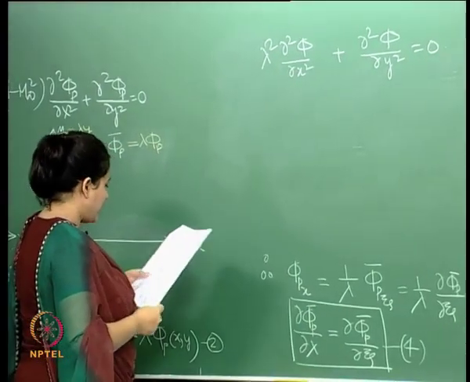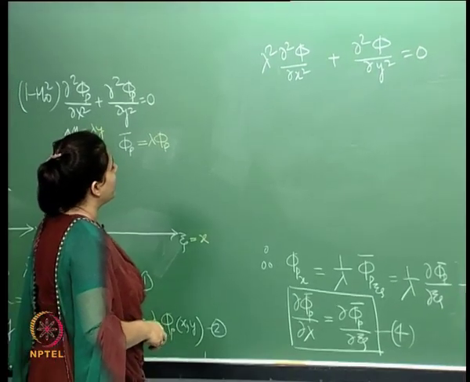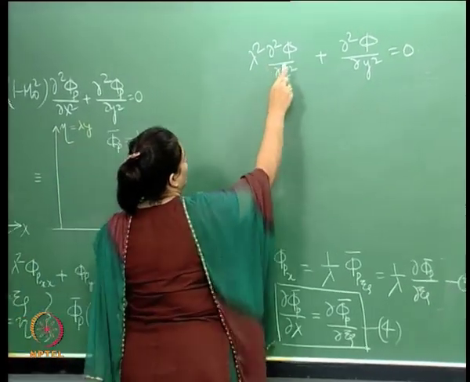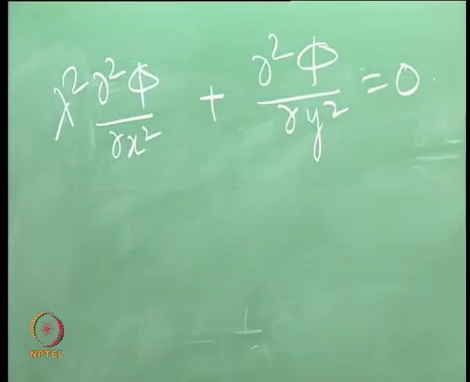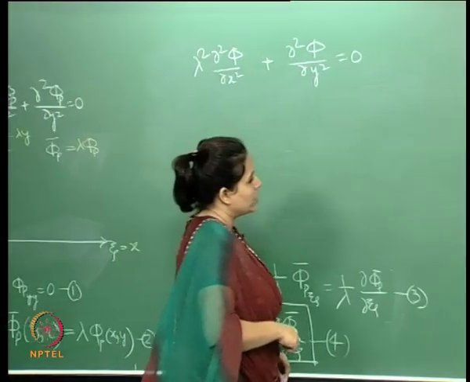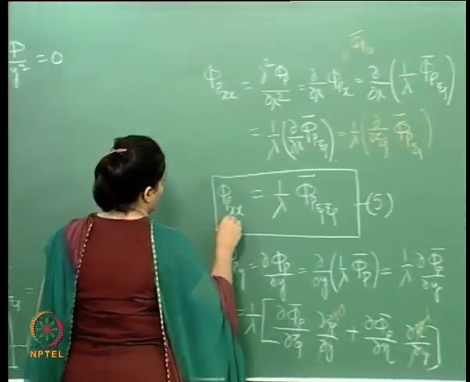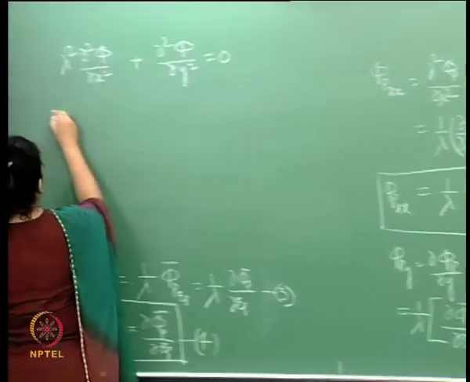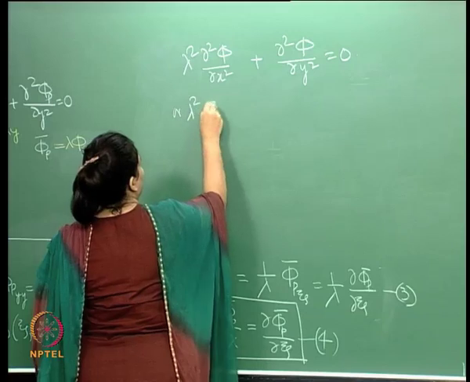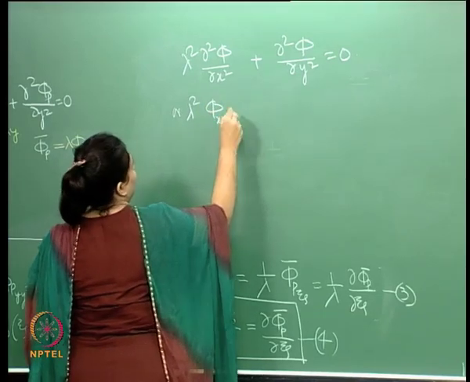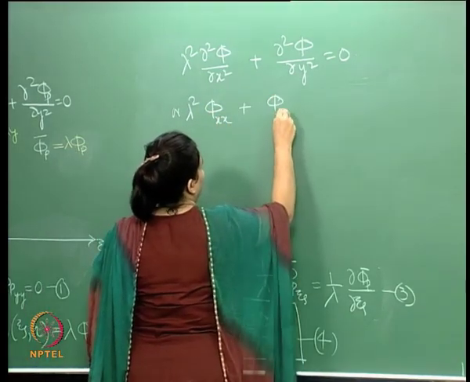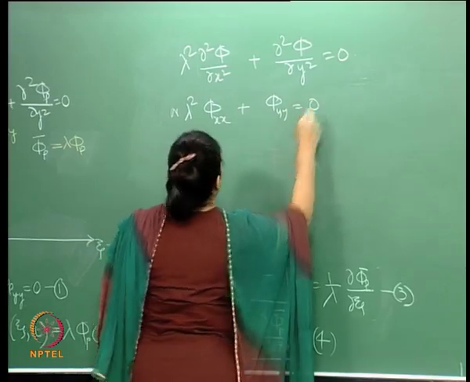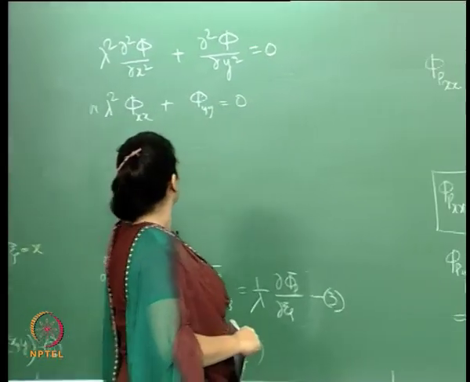So, how does del 2 phi del x 2 transform in the transformed coordinates? This is your del 2 phi del x 2, or we can write this as lambda square phi x x plus phi y y equals 0.